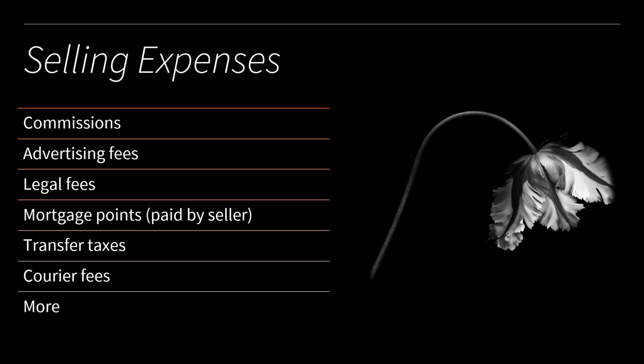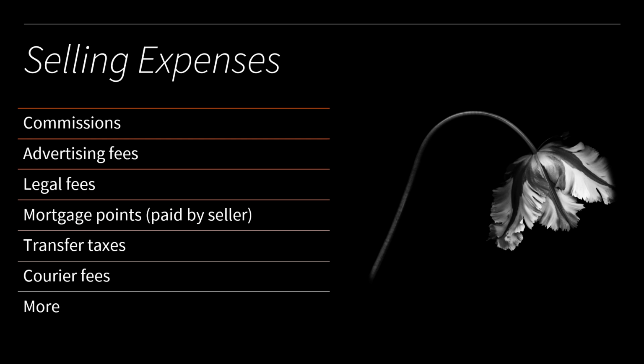So if we were looking at the HUD-1 and all of the items that are listed on there, aside from just the proceeds, how much they got from the sale, there are a lot of selling expenses included on there. So the things that we would be looking for would be commissions, like say to the real estate agent, advertising fees, legal fees, any mortgage points, not for the taxpayer's mortgage that they had, but if the buyer is taking out a mortgage and part of the agreement is that the seller is going to pay some of those points.